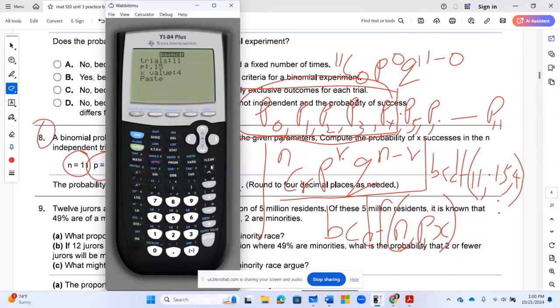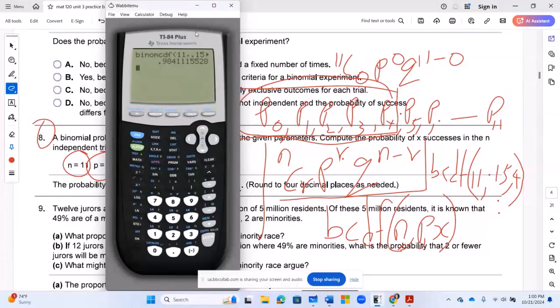And then I'm going to select paste and calculate. When I hit enter, it tells me that the area under the curve is 0.984 to 3 decimal places. Therefore, if I cumulate the binomial cumulative density function of 0 plus 1 plus 2 plus 3 plus 4, I'll get 0.984.